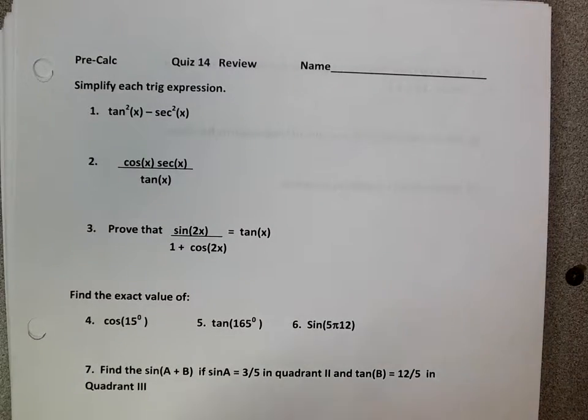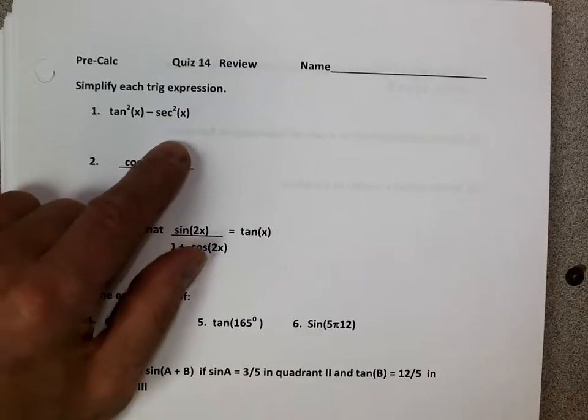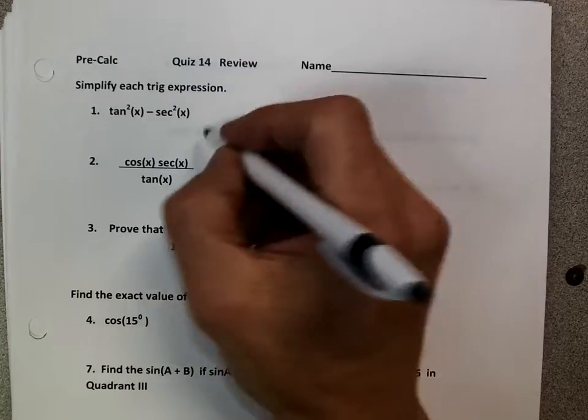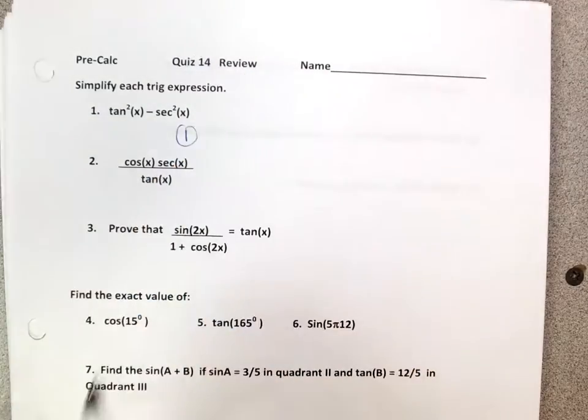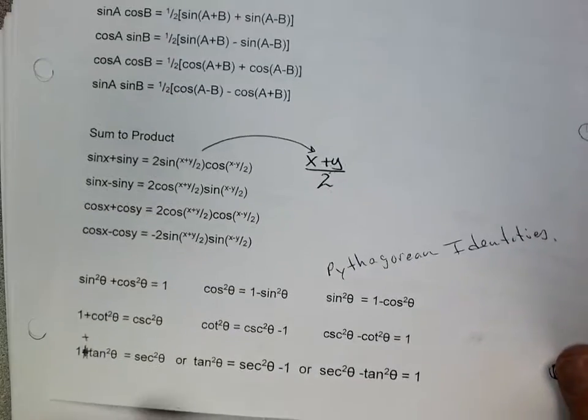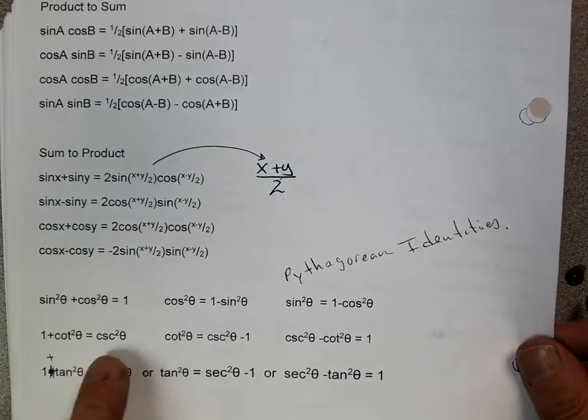So, number one, we've got tangent squared minus secant squared, okay? So, how do we do this? Well, if I look up above me and point up in blue, tangent squared minus secant squared is going to be 1. Or it's in your identities somewhere. Let's see. Oh, yeah.